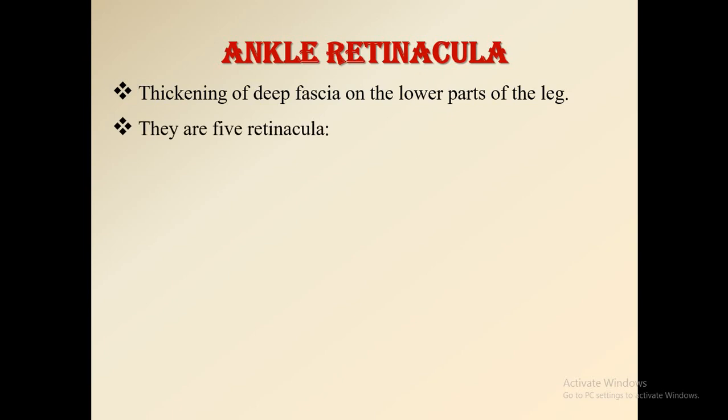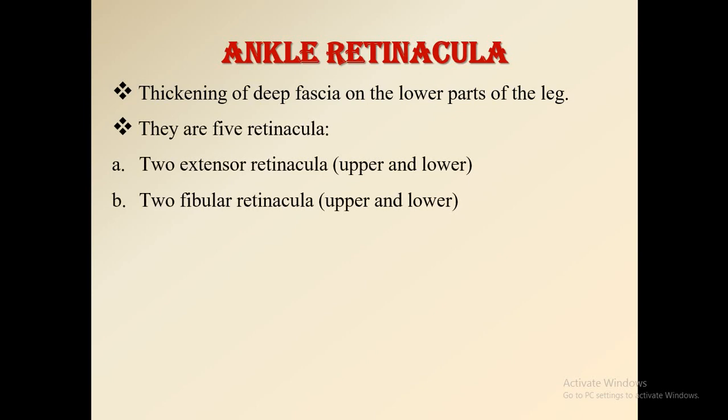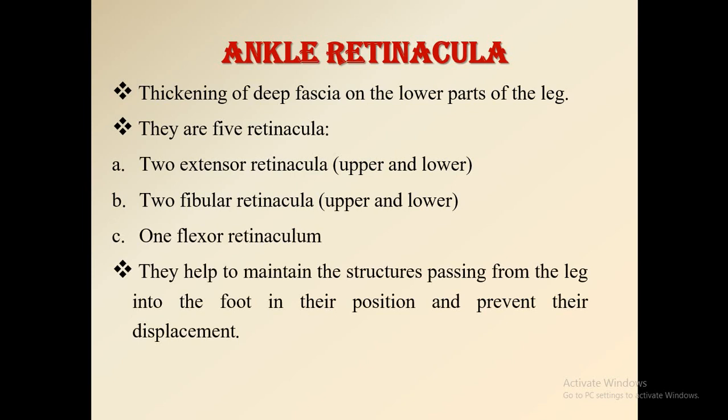There are 5 retinacula: 2 on the anterior surface called extensor retinacula, upper and lower, and 2 on the lateral side of the leg, which are fibular retinacula, also upper and lower, and one posterior retinaculum called flexor retinaculum. What is the benefit of these retinacula around the ankle? They fix the structures passing from the leg to the foot, so they hold them in place, and also prevent displacement, preventing their movement from side to side.